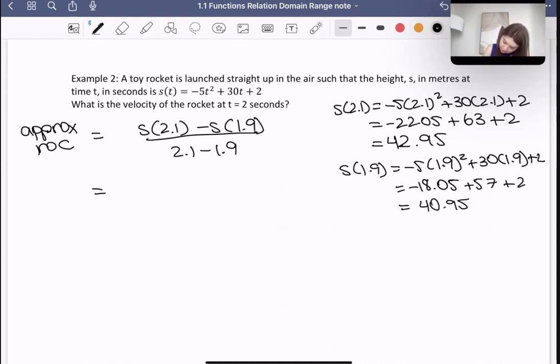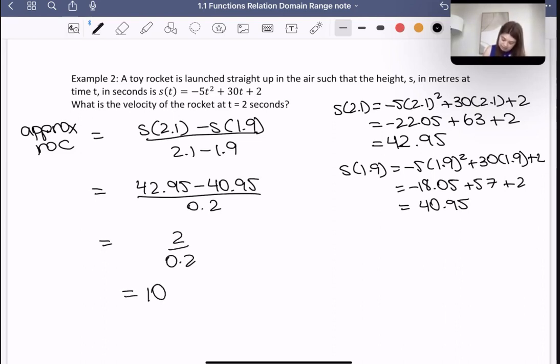So therefore we have 42.95 minus 40.95 over 0.2. Okay, so that's going to be 2 over 0.2, which is going to be 10 meters per second.